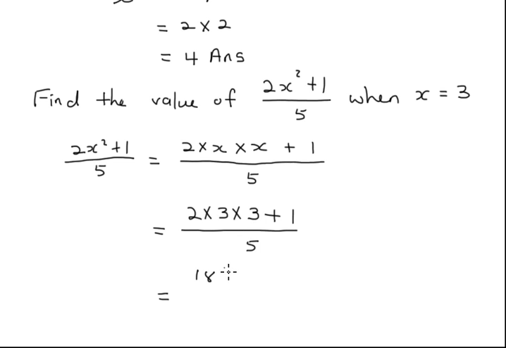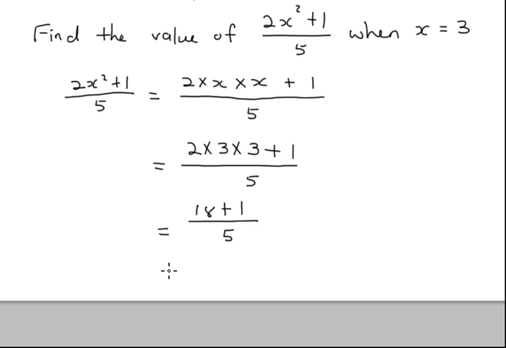So now we copy back plus 1, divide by 5. Then we know that 18 plus 1 is equal to 19. We have 19 over 5, and we want to convert this into 3 and 4/5. And this will be my answer.